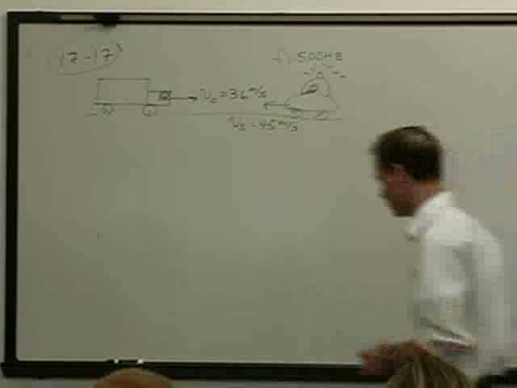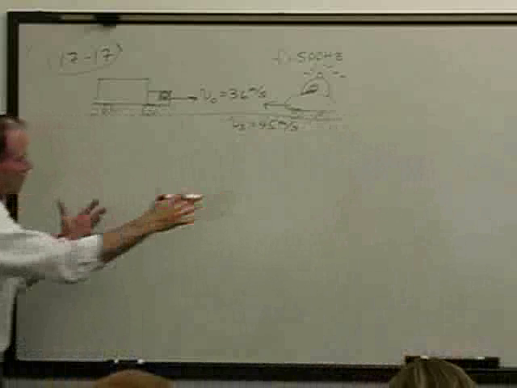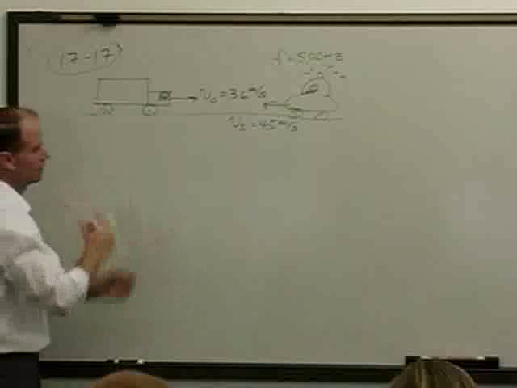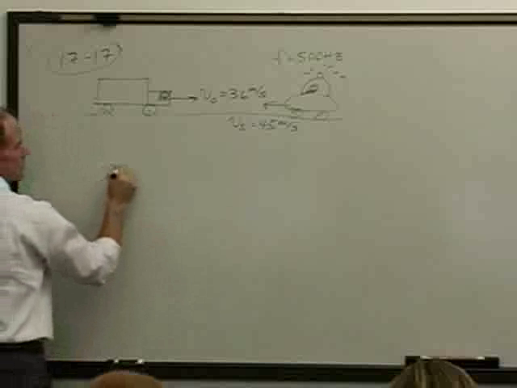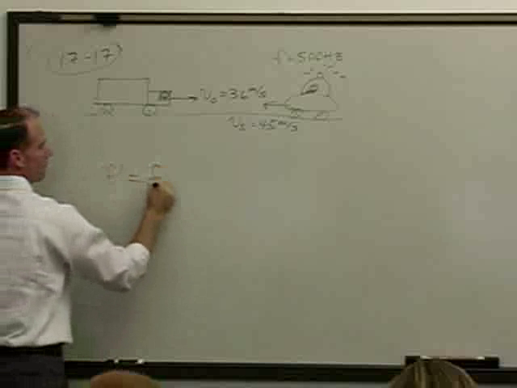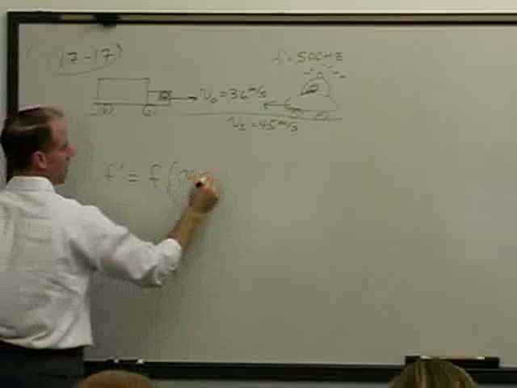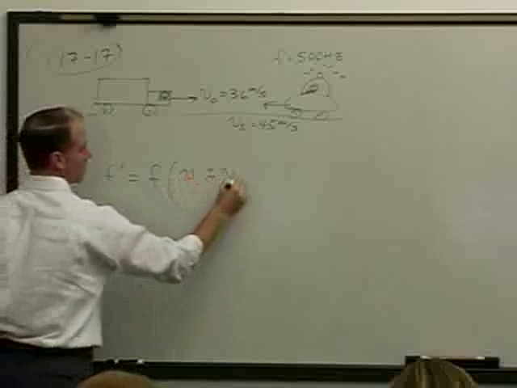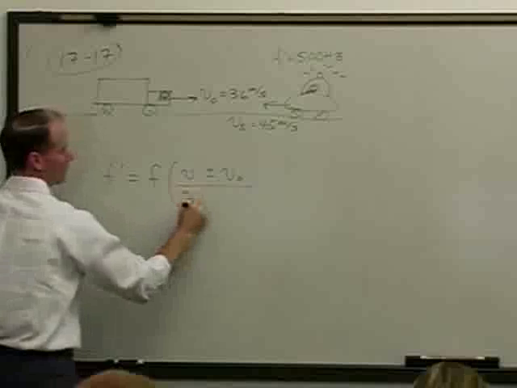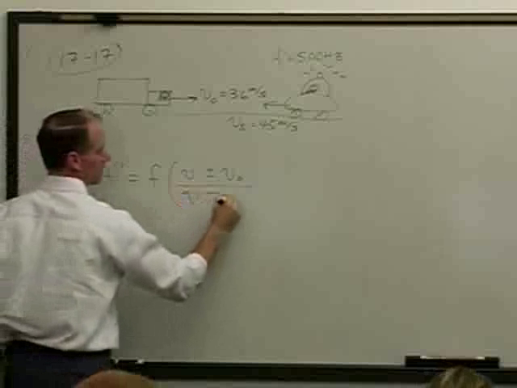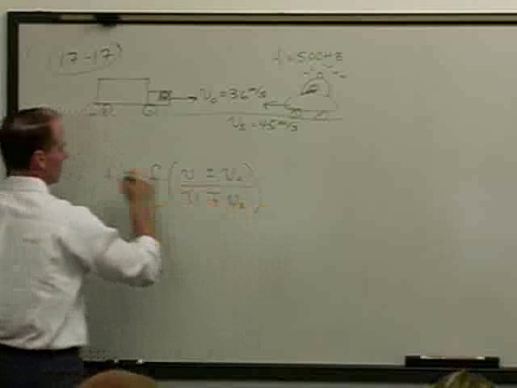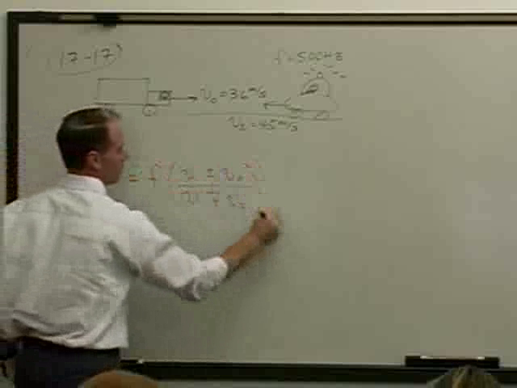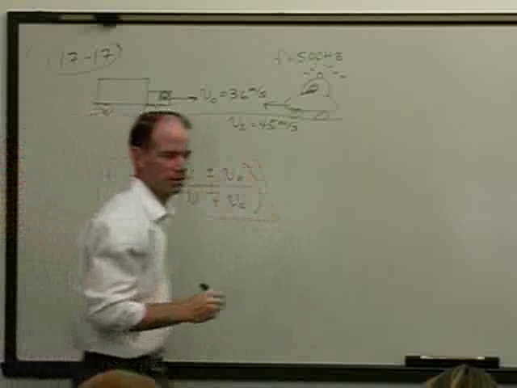Okay, 500 hertz. They're approaching each other like this, and so the observed frequency should equal the actual frequency, times velocity of sound, plus or minus velocity of the observer, over velocity of sound, minus or plus velocity of the source. Let's go ahead and write down the full Doppler equation.